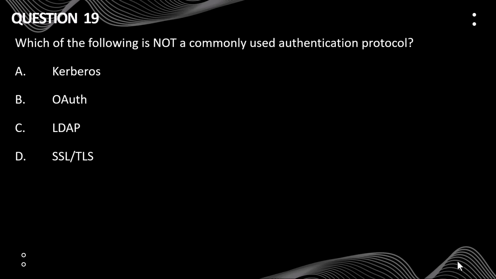OAuth is an authorization framework used for delegating access to resources on behalf of a user without sharing their details. So this is a commonly used protocol. The Lightweight Directory Access Protocol, or LDAP, is a protocol used for accessing and maintaining directory services. So it is a commonly used authentication protocol because it is used in services like Active Directory.